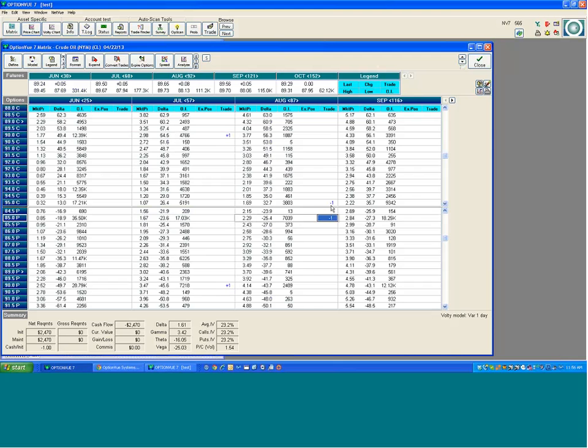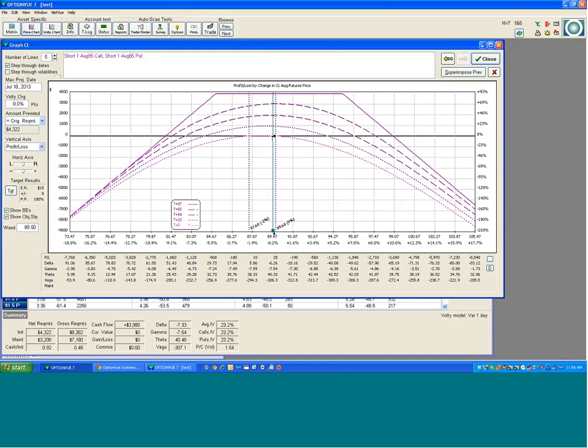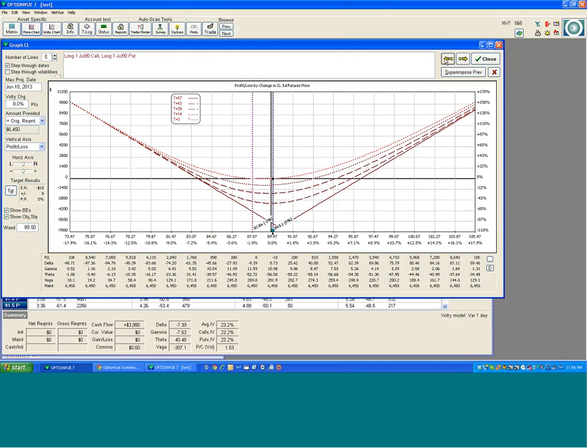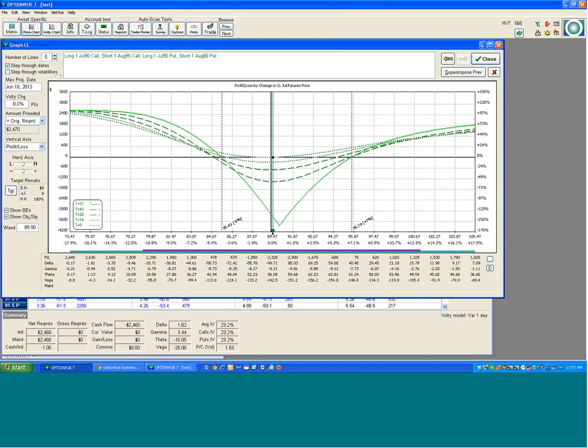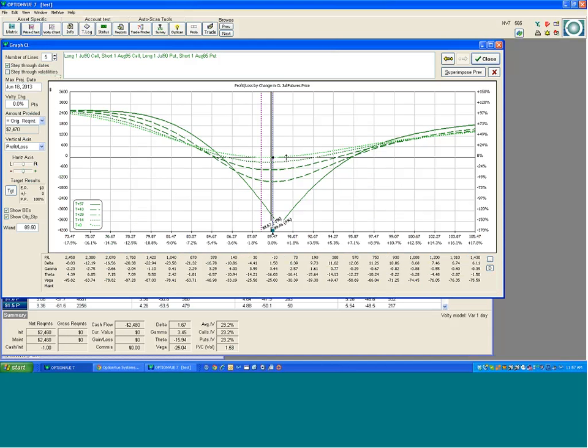So we're selling an out-of-the-money strangle in the month of August, which will counteract to a great degree our long July position. Now, what does this look like? This looks a lot like the at-the-money reverse calendar spread that we were looking at before, but here we're using strangles and straddles instead.